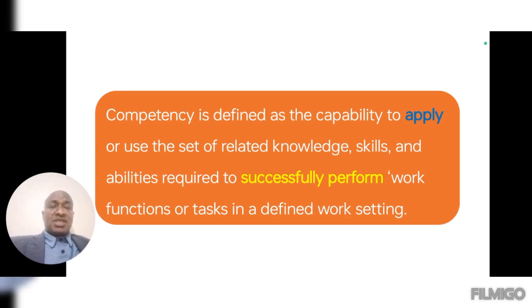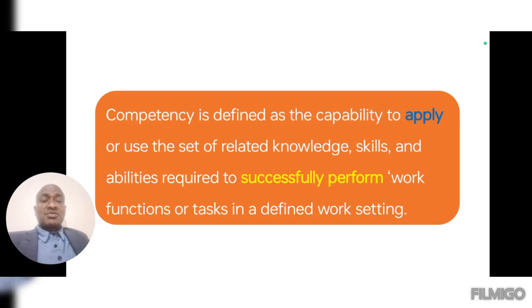For the time being, competency means the ability or the capability or the capacity to apply, put into effect, put into practice, or use what? The related knowledge. What does related mean?